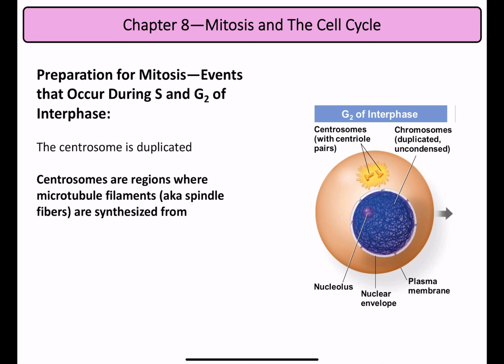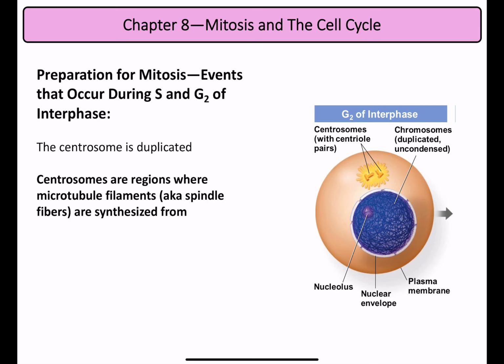That's really important because as we learned in chapter 4, centrosomes are regions where microtubule filaments are built from. And those microtubule filaments you can see here in yellow, radiating out from the centrosome. That's important in mitosis because those filaments are going to be the machinery for lining up and pulling apart chromosomes.